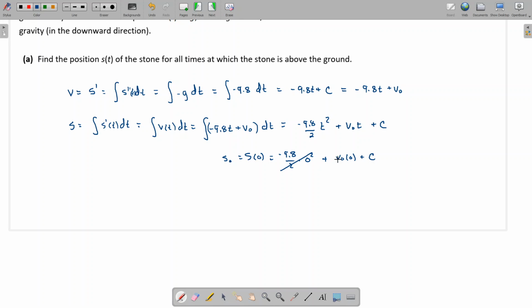And as before, those get wiped out, which means s naught is c. So let's put that in: negative 9.8 over 2 t squared plus v naught t plus s naught. And that gives us our position function at any time t. And this should correspond to the same function that you use in your physics class as well.